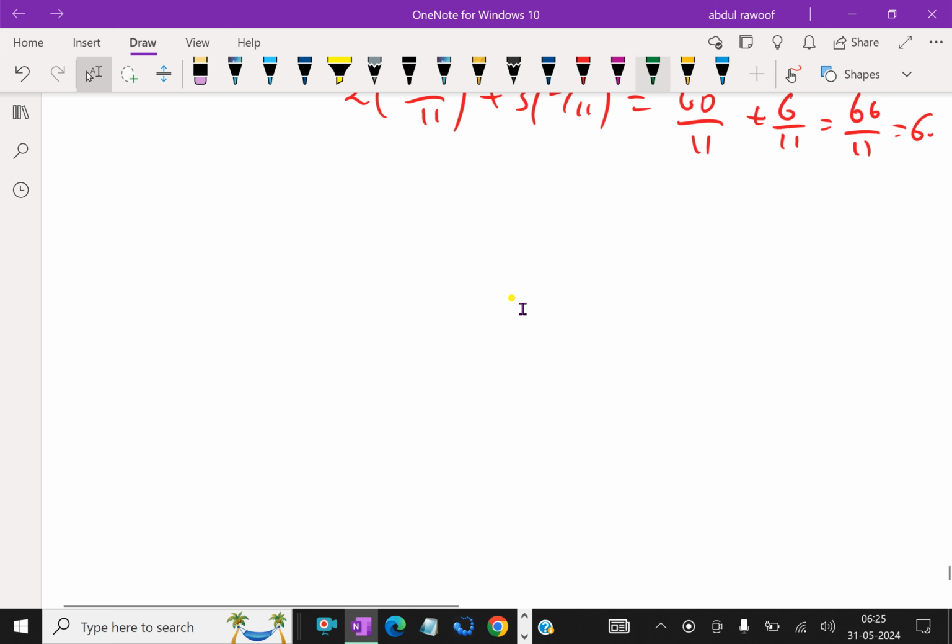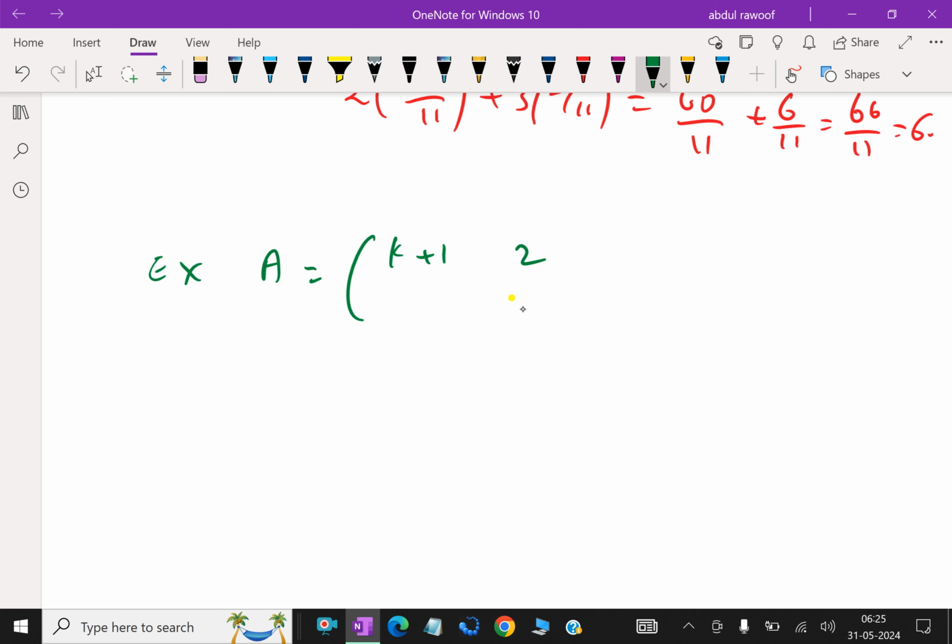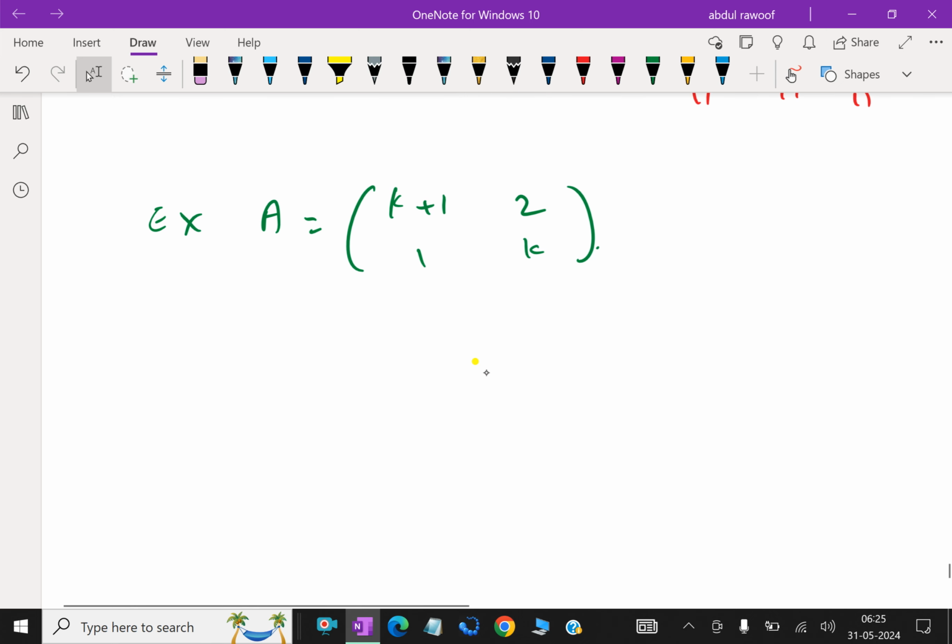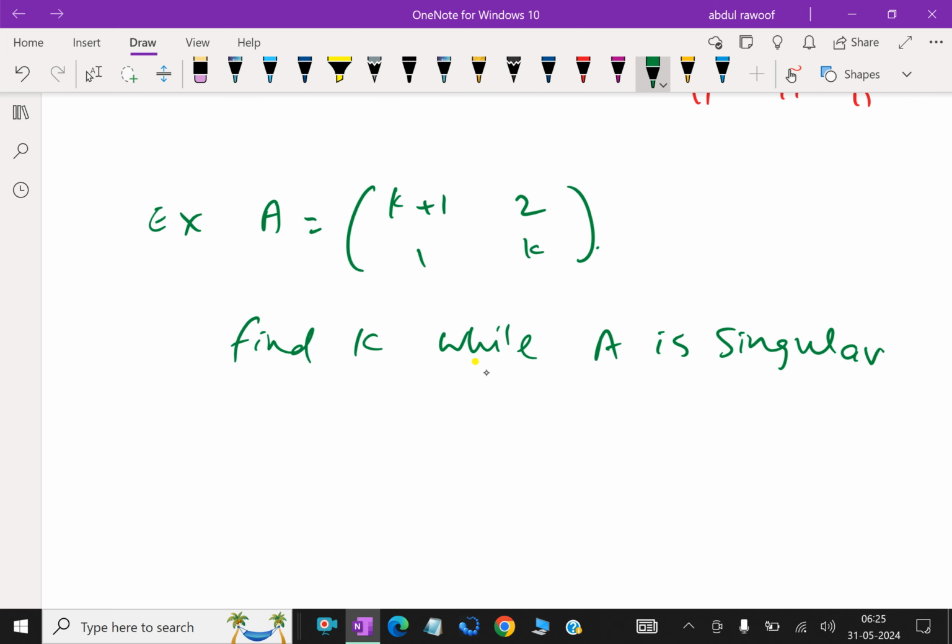Here, one more example. If matrix A equal to k plus 1, 2, 1 and k, find k while matrix A is singular.